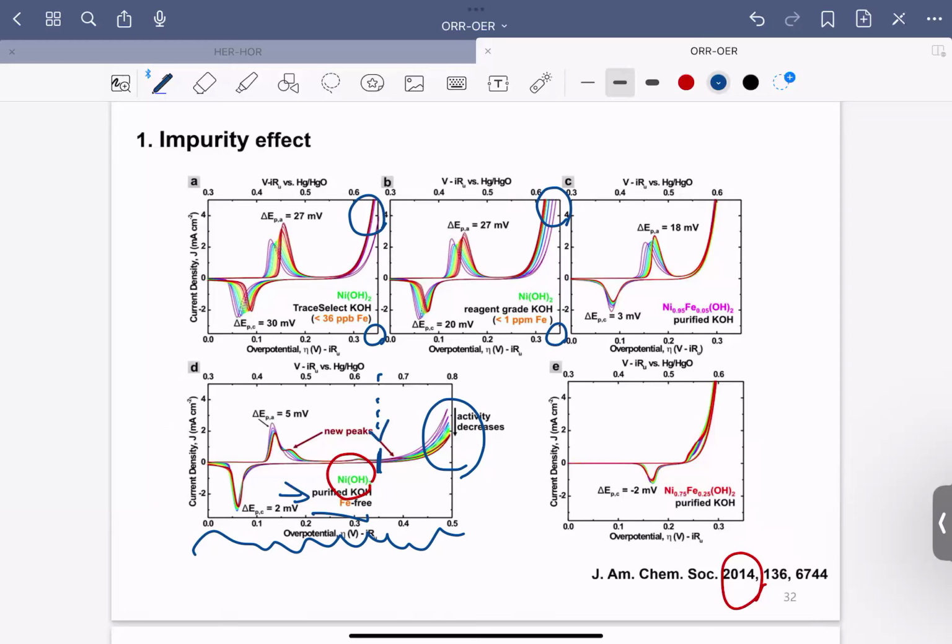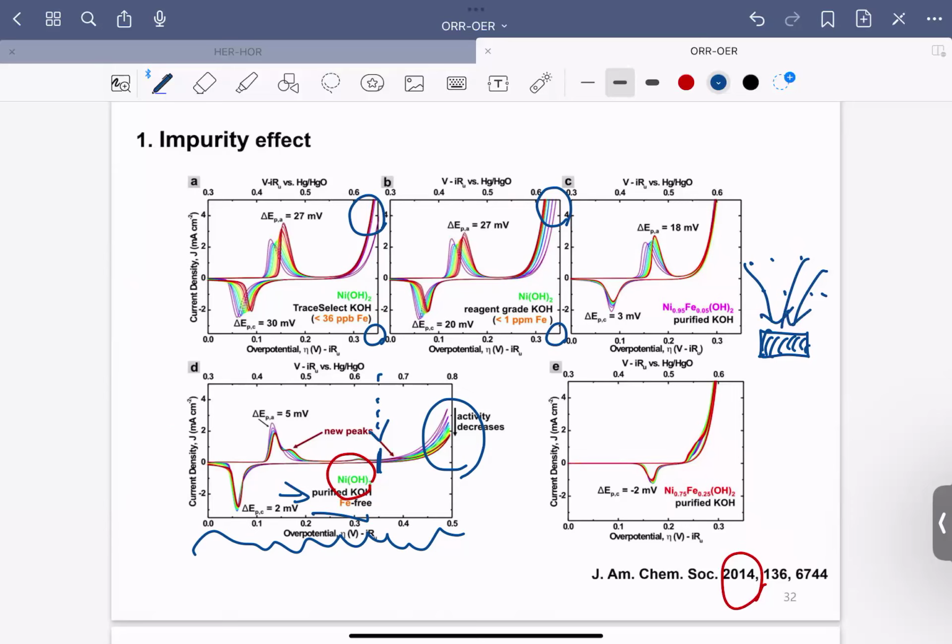So this is really important, that a lot of studies have been contaminated by a certain amount of iron species during the OER, right? Even though you prepared the nickel hydroxide as a pure hydroxide, pure metal, or pure oxide, the iron in the electrolyte can contaminate your surface and generate nickel iron, right?